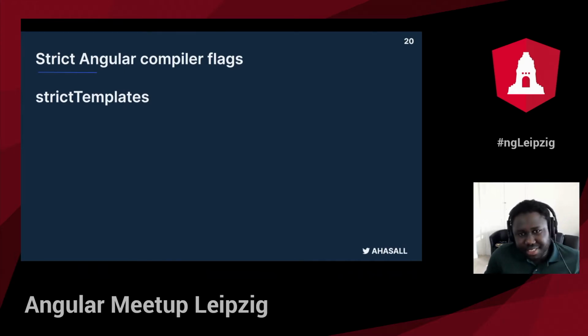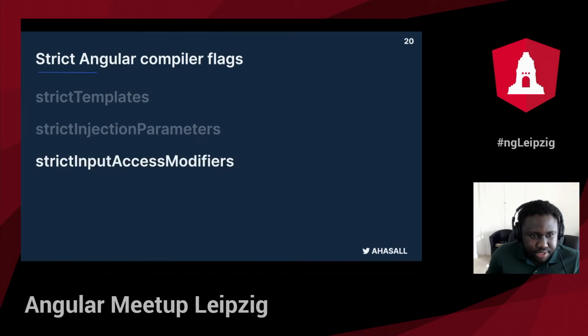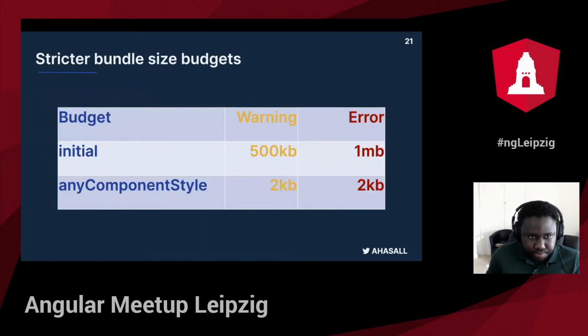Basic, basically you have no check on your templates. Full template checking, and the new one is strict mode. And this will allow you to catch a lot of bugs inside your templates. Well, I will pass these flags, strict injection parameters, and strict input access modifiers.